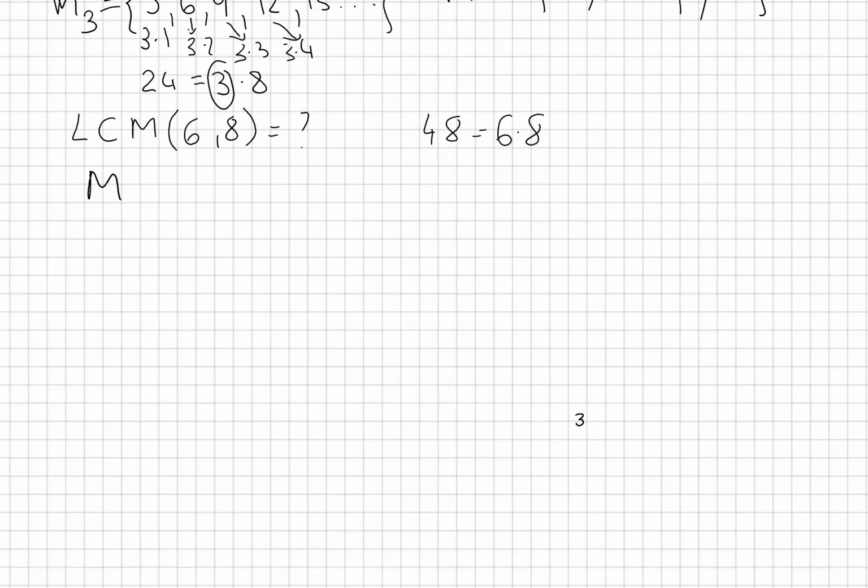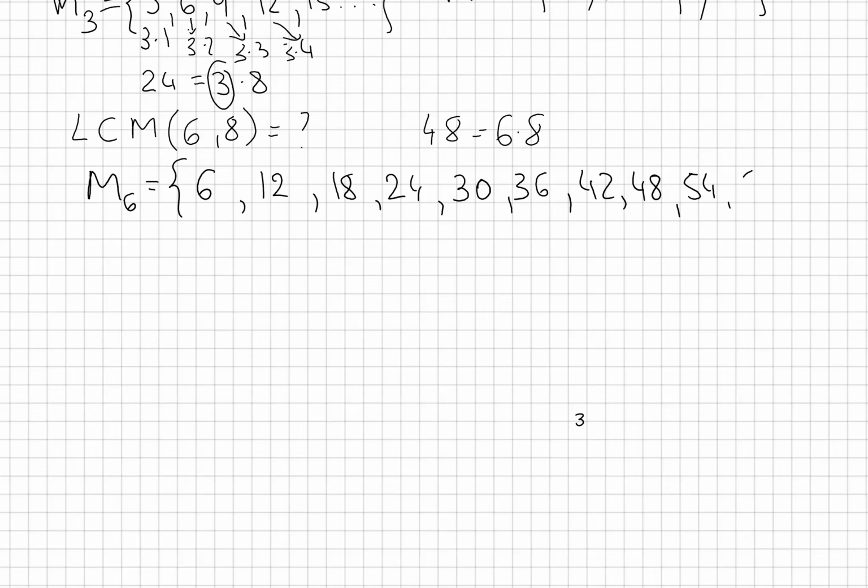Multiples of 6: 6 times 1 is 6, 6 times 2 is 12, times 3 is 18, 6 times 4 is 24, 30, 36, 42, 48, 54, 60, 66, and so on.